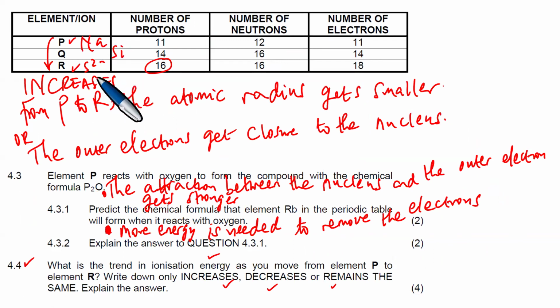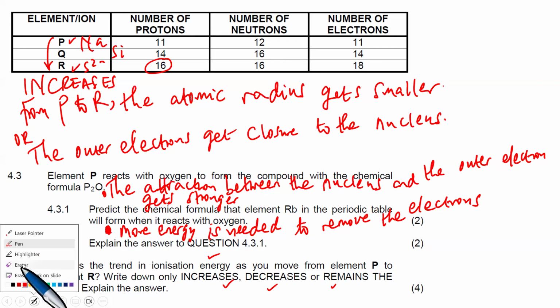And obviously now, as a consequence, these patterns are very clear. We're able to see that the outer electrons get closer to the nucleus. So the outer electrons get closer to the nucleus.